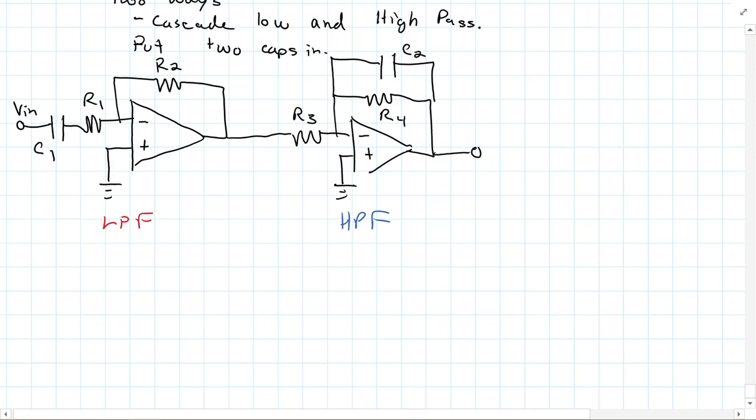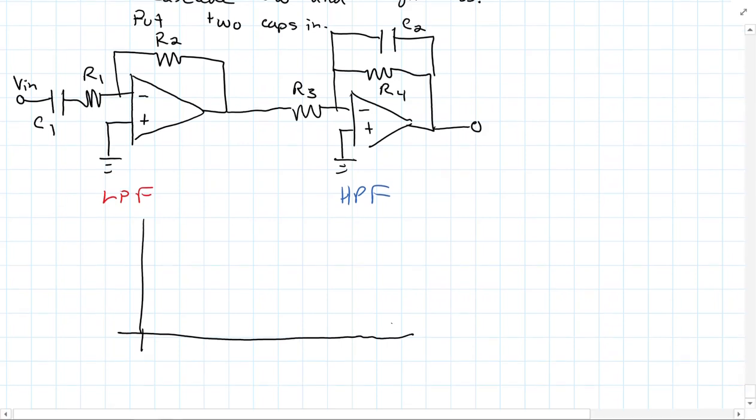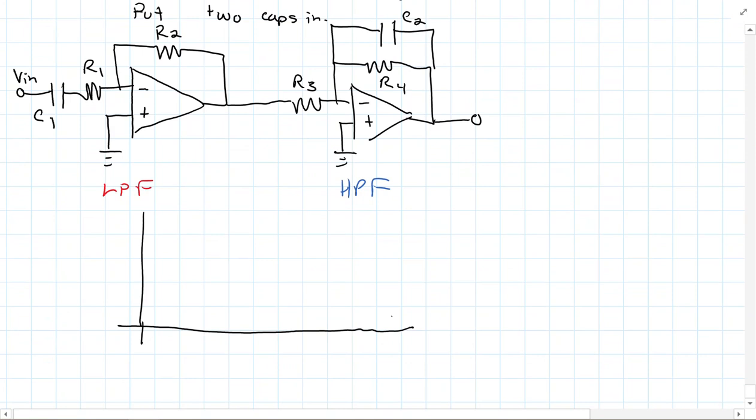Now, we have to remember here the way a bandpass filter works. And we're going to have to look at what the overall gain here is in a second. But what do I mean we have to look at how a bandpass filter works? Well, remember, a low pass filter is going to look like this, right? And a high pass filter is going to look like this.